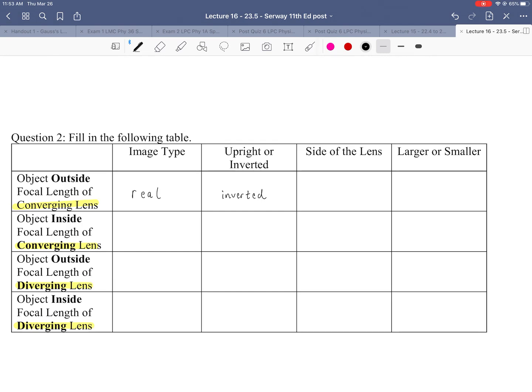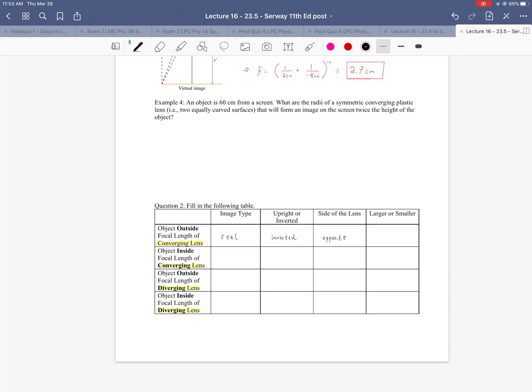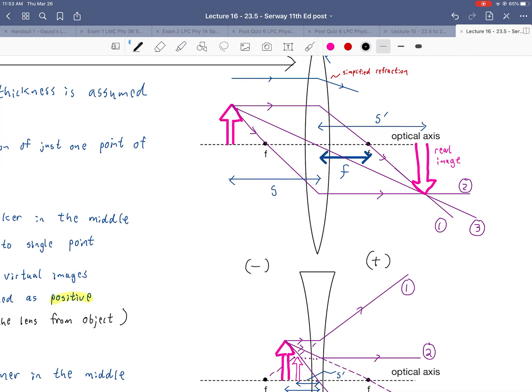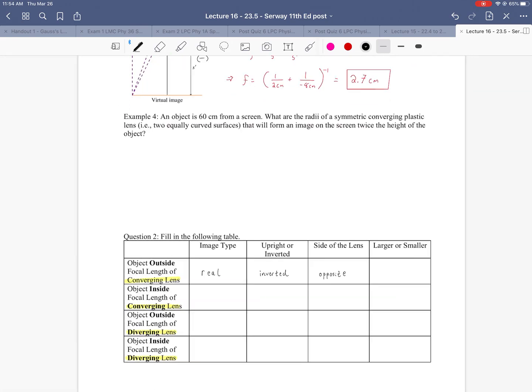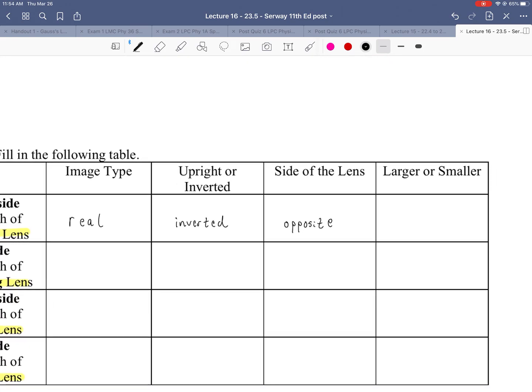We know that the side of the lens it's going to show up on is going to be the opposite side. And we know that it's going to be larger, right? So take for example, this example here. We had our real inverted image was larger than the object, okay?